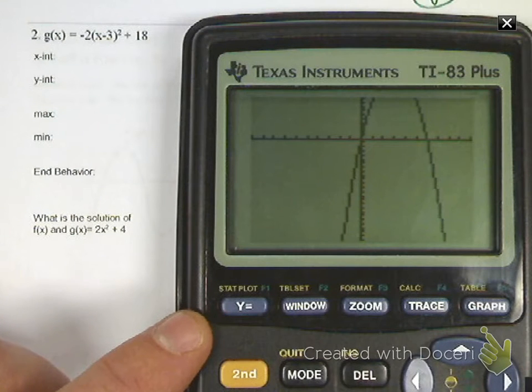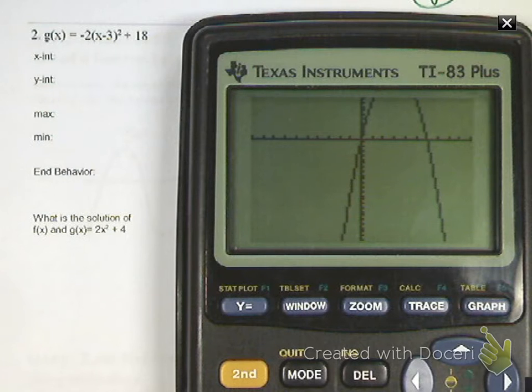Okay, so I'm looking at the graph, and it's like a roller coaster where I can see almost all the roller coaster, but there's the top part of it that I can't see. So I need to be able to move my viewing window up. In order to do that, I press the window button.